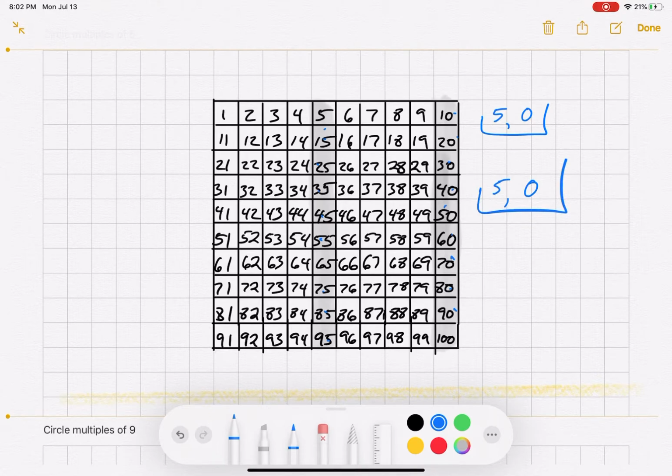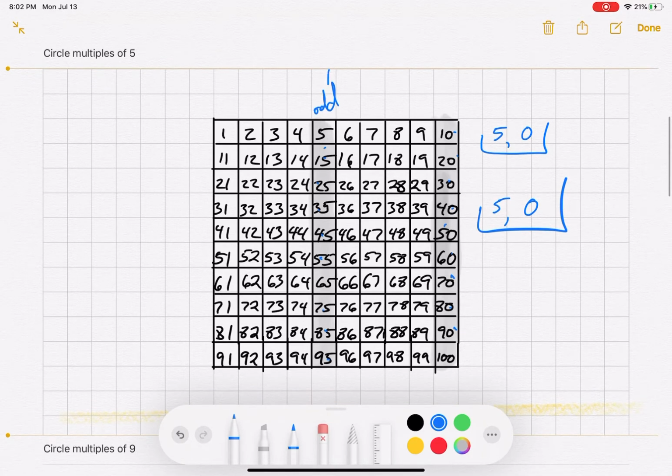Now, are the multiples of 5 odd or even? So have a really good pause and look at them and let's see. So the numbers that end in 5, this whole entire row here, are odd. And the numbers that end in 0 here are even.